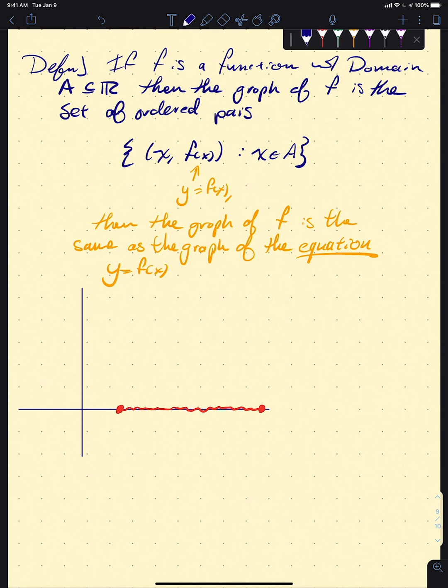If we do this on all of A, it might look something like this, where these are our endpoints. If we have some point in our domain, say little a, then the point on that graph would be f of a. Or if we have some point over here, say little b, then the point that maps to would be f of b.